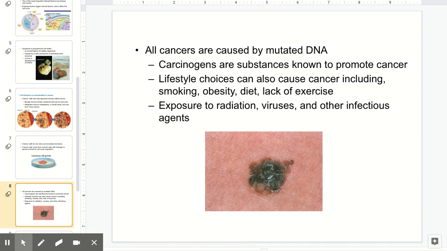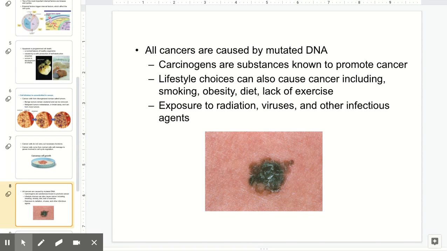So what causes cancer? Cancers are caused by some sort of mutation, something goes wrong. And carcinogens are those things that can induce cancers or cause cancers or promote cancers. So lifestyle choices are really important in terms of, as you get older, reducing a propensity towards cancers.